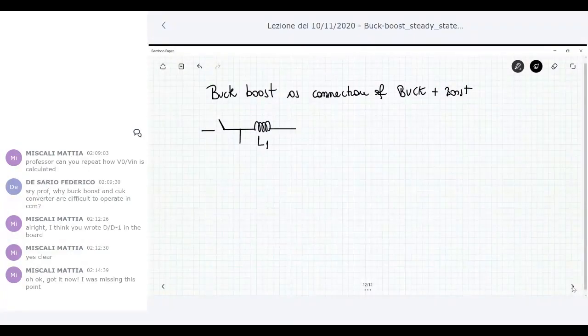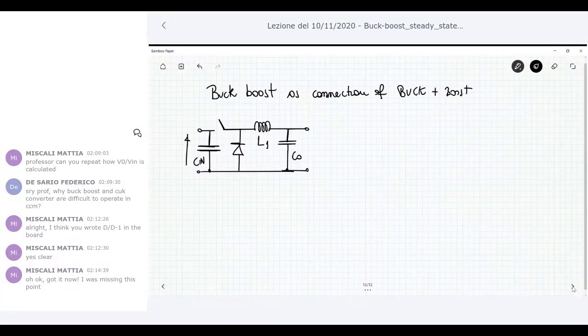So let me draw a buck with all these capacitances, C naught, then you have V in here. This is the switch 1, and then the boost.